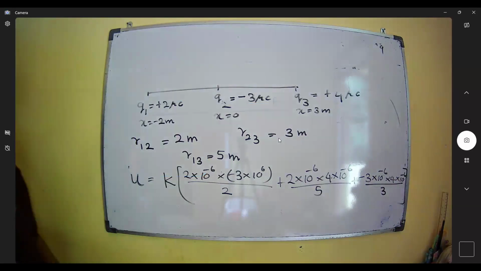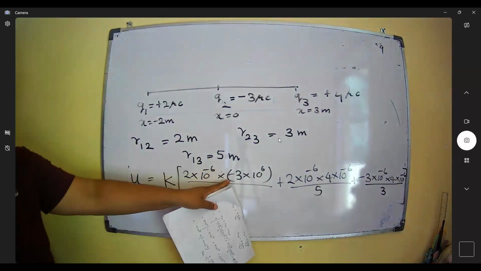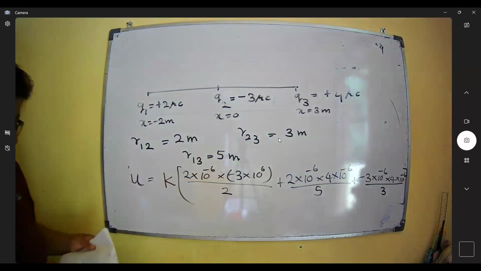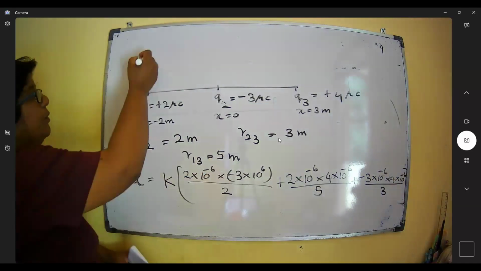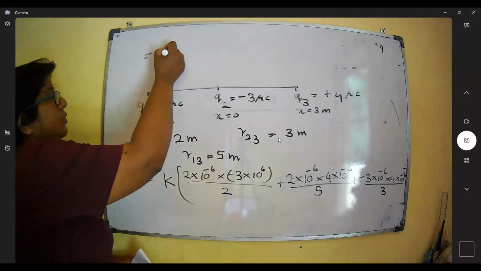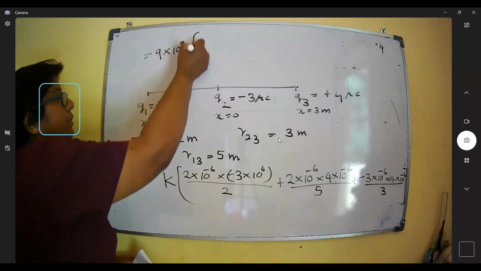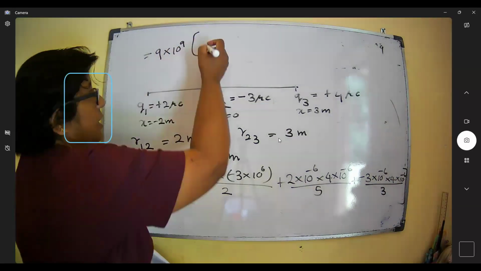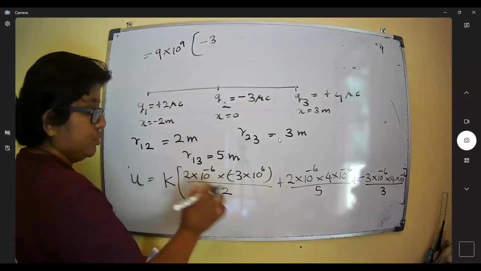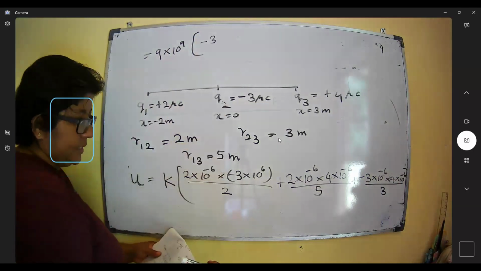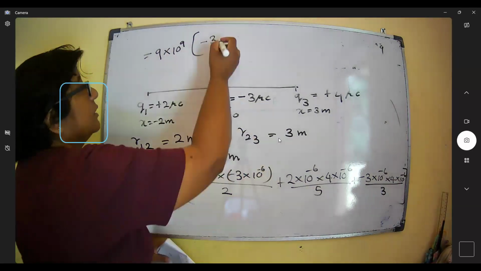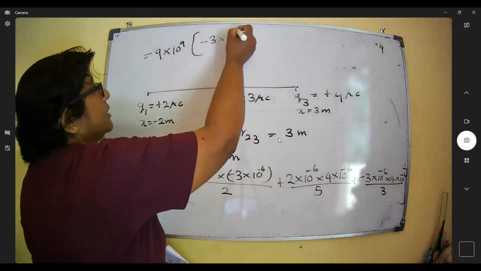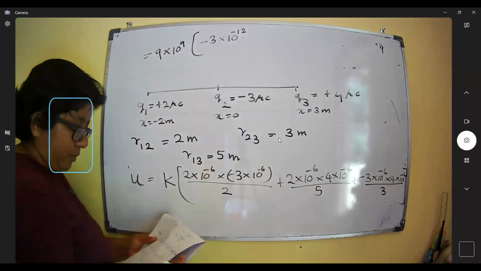Then we can add all together. You can consider the sign. Then the potential energy is 9 into 10 to the 9, substituting for K. K is 9 into 10 to the 9. This one is minus 3, then the 2 cancels out. Minus 3 into minus 12, 10 to the minus 12. This is a negative value.